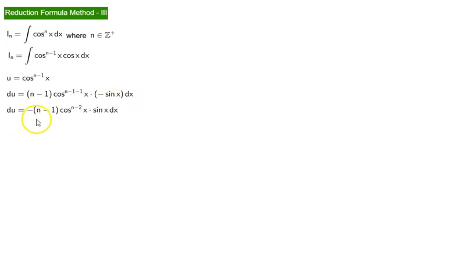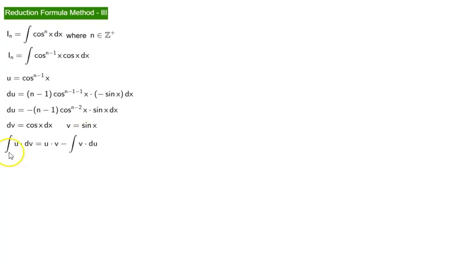So du is equal to minus, we bring it to the front, minus n minus 1 times cos to the power of n minus 2 x times sin x dx. Now, if we have taken u as cos to the power of n minus 1 x, our dv will be cos x dx. And integrating this, we get v is equal to sin x.